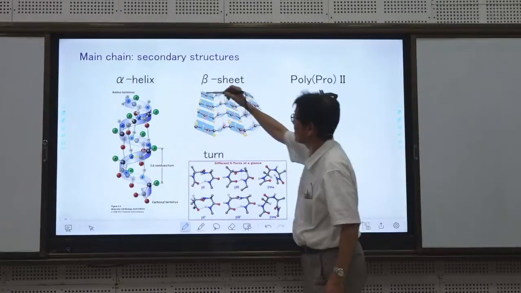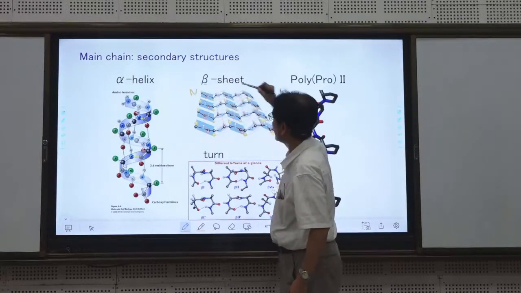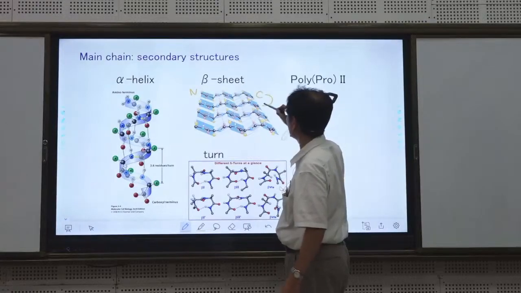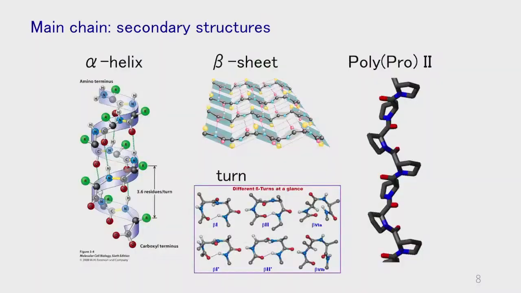About the beta sheet structure, N, C, then turn, go from N dash to C dash, turn, N2 dash to C2 dash, turn.